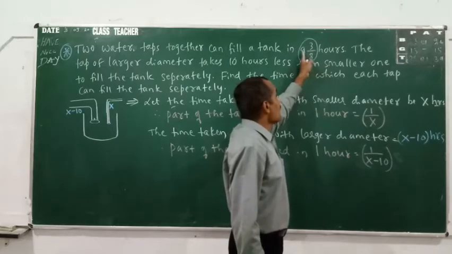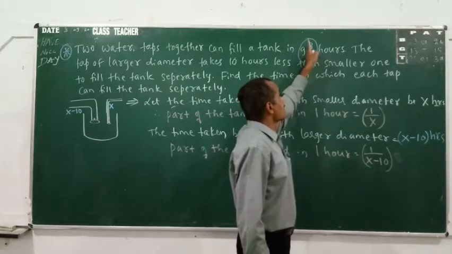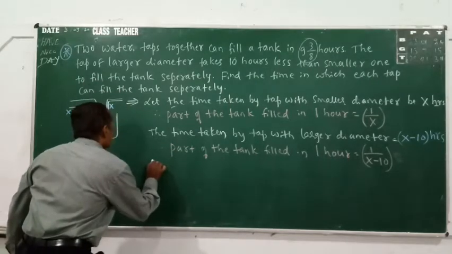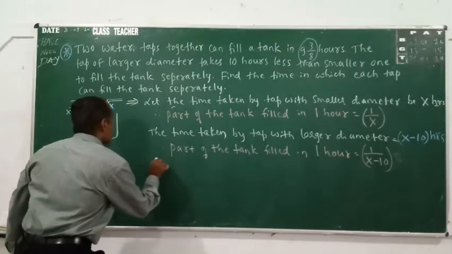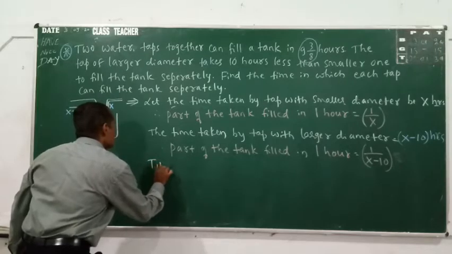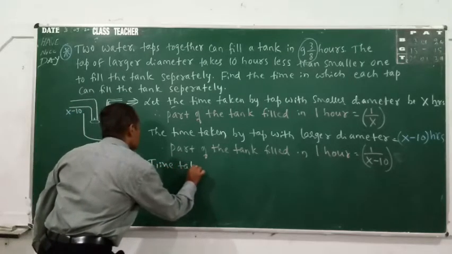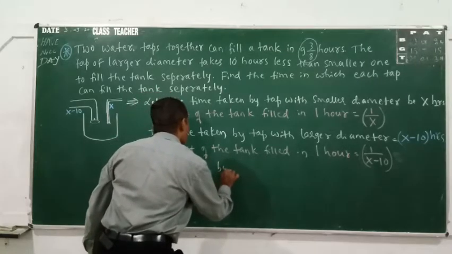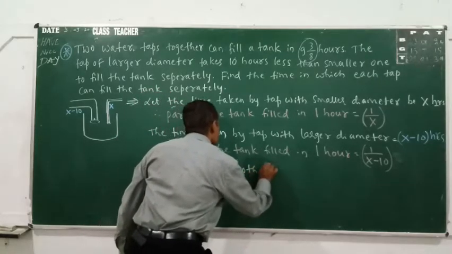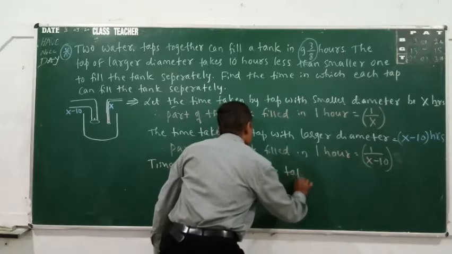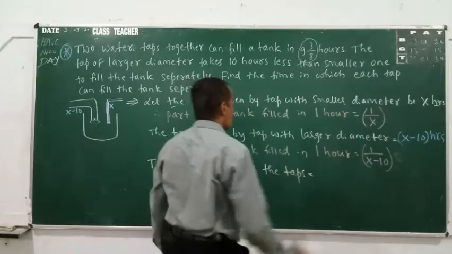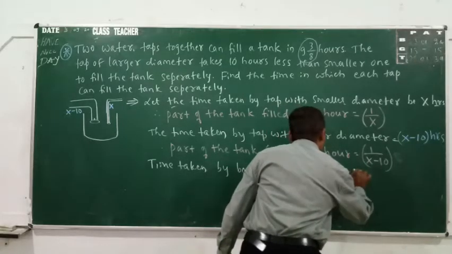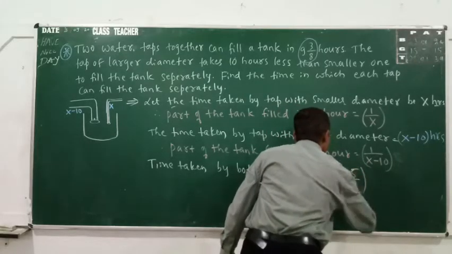That means 72 plus 3, 75 by 8 hours. The time taken by both the taps is equal to 9 integer 3 by 8, nothing but 75 by 8 hours.